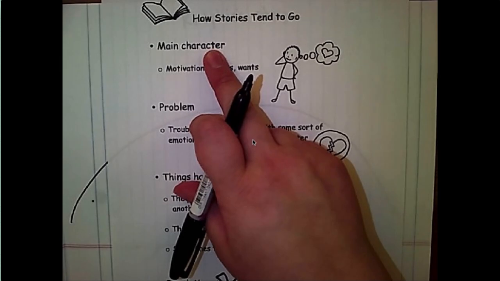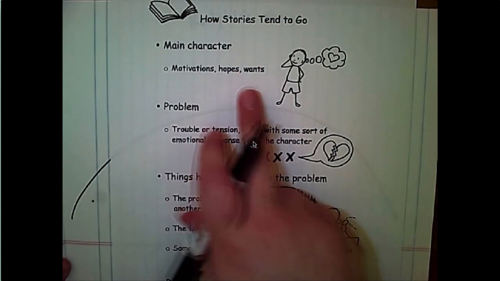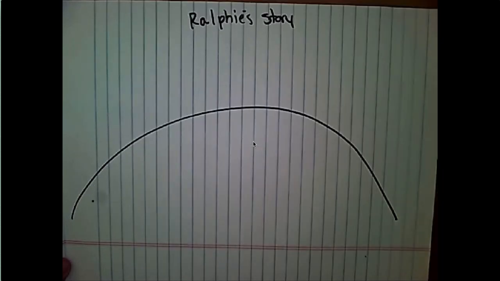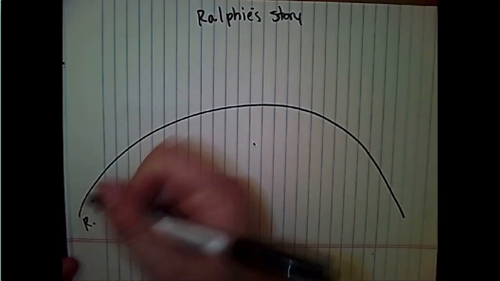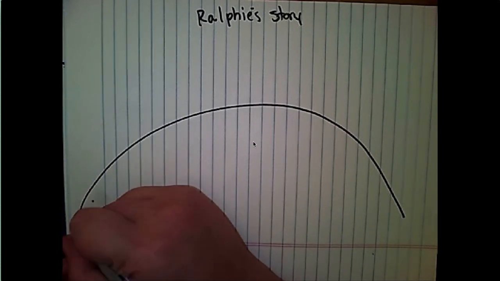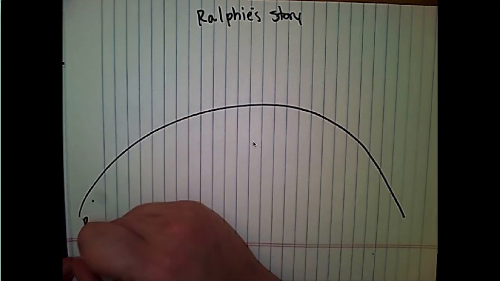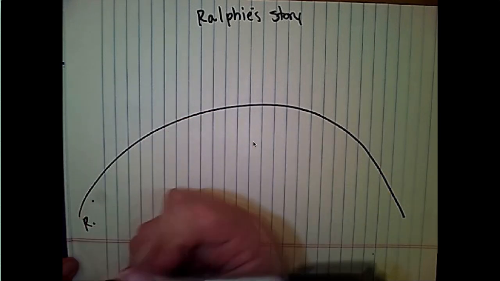So I know in the beginning, I'm definitely going to be meeting a main character and looking at motivations, hopes, and wants. So in the beginning of my story, we meet Ralphie. Motivations, hopes, and wants. I'm not sure it's really clear that he has motivations, hopes, and wants beyond, he comes in and seems like he's angry, right?